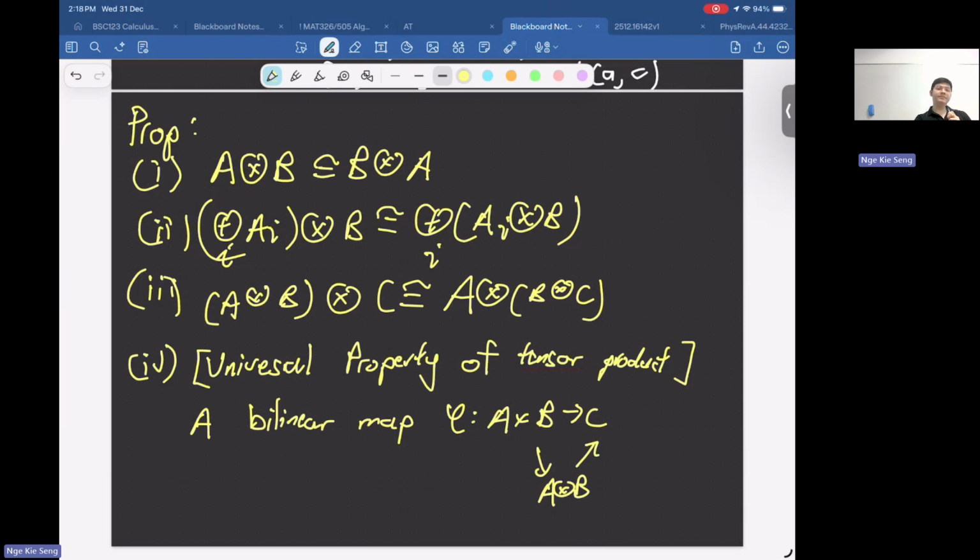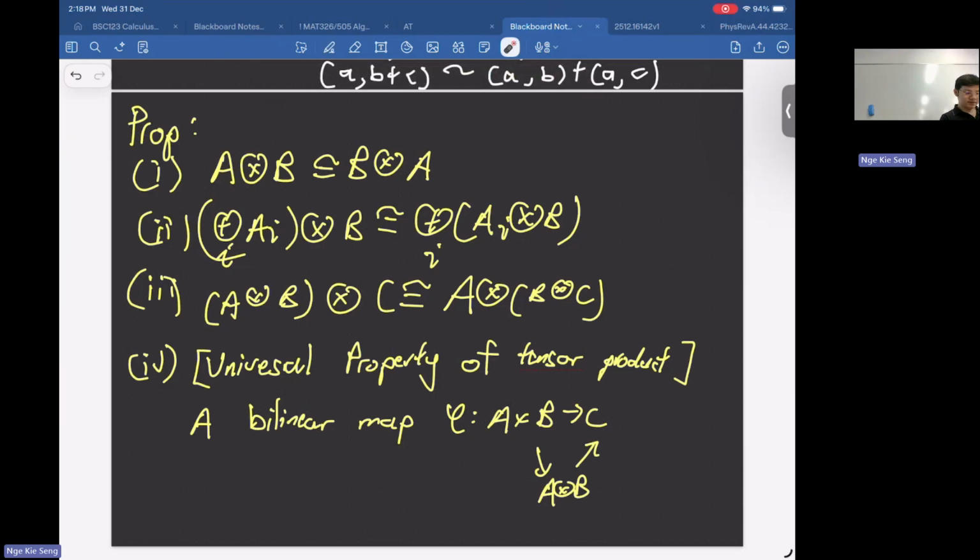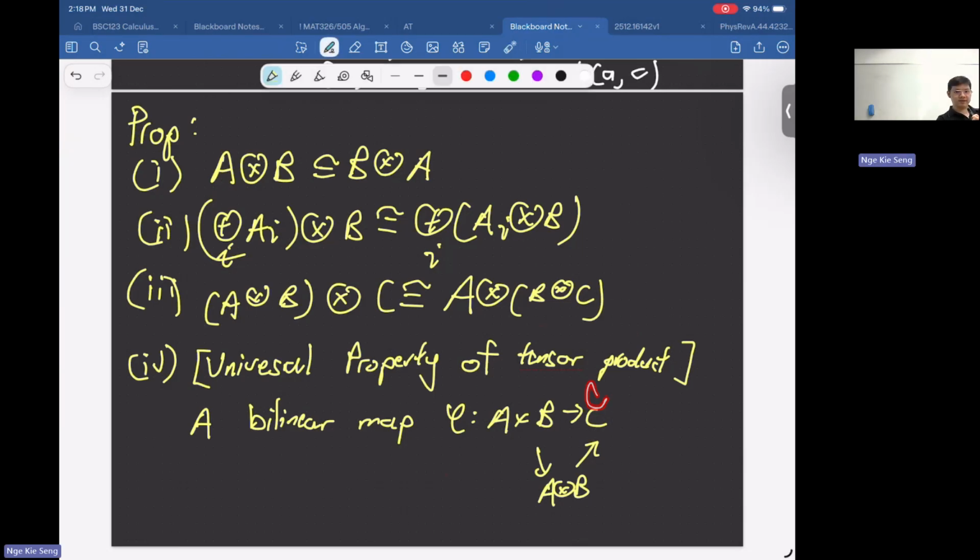It's not an isomorphism. It just says that there exists a map from A cross B to C. So how do you define this?